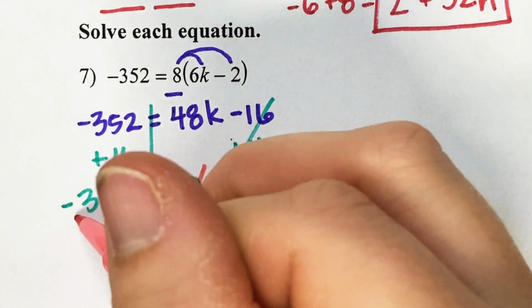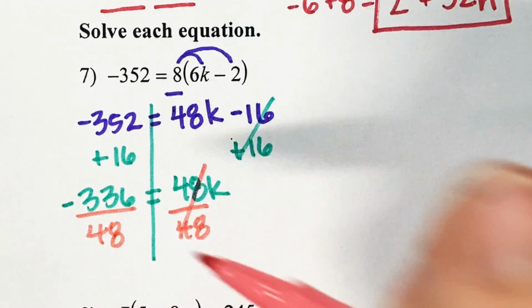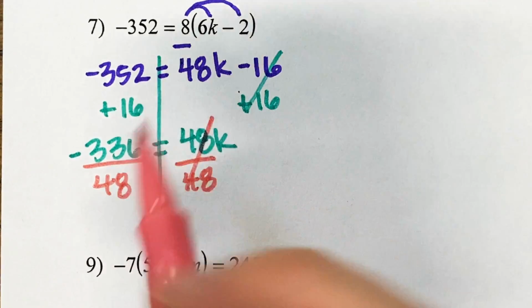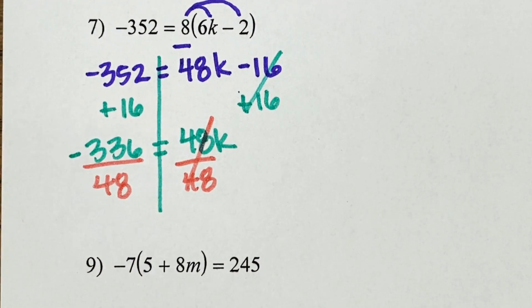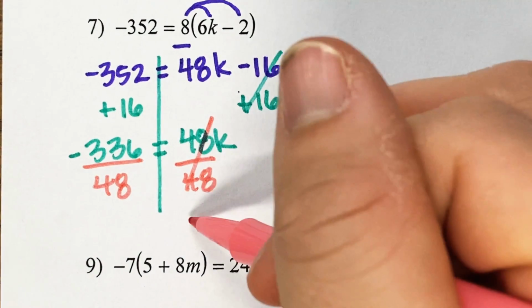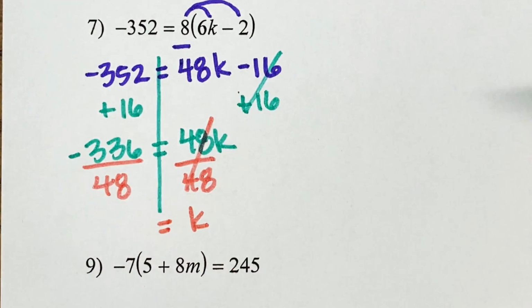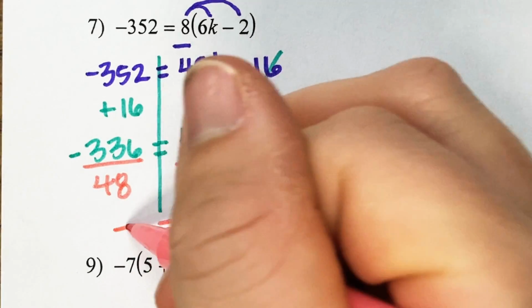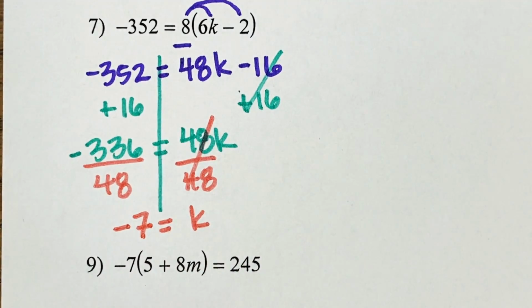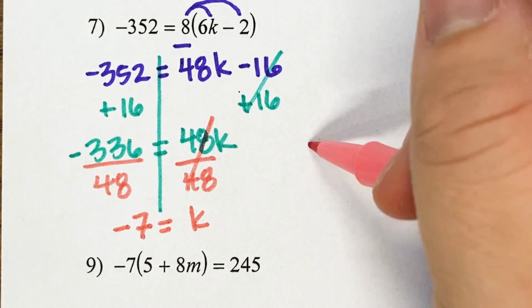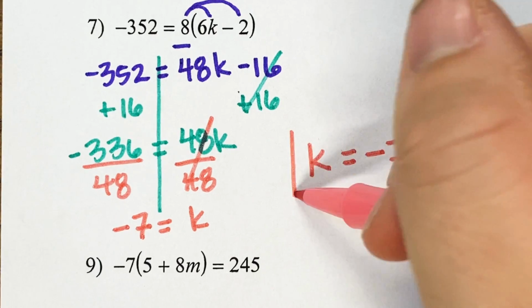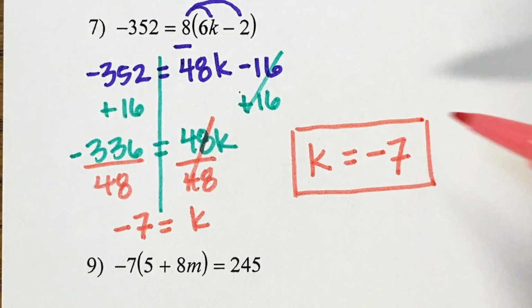So divide it out. Got to do the same thing to both sides. In your calculator, you can still do negative 336 divided by 48. So we get k all by itself over here. Negative 336 divided by 48 gave me negative 7. So our k is all by itself, so you can rewrite it as your answer. K equals negative 7.